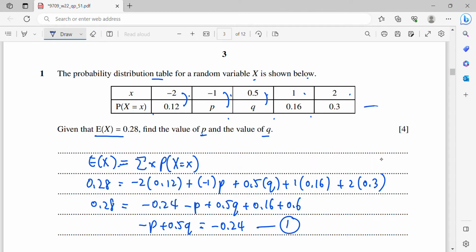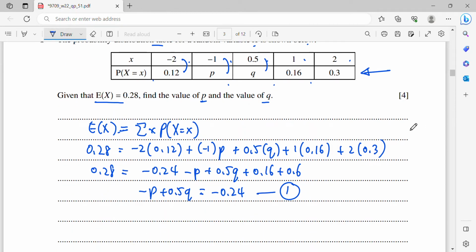So the second equation comes from the total probabilities equals to 1. So now, summation P(x) equals 1. So this means total probabilities equals 1. So now 1 equals 0.12. So you just add all the second row in the table.